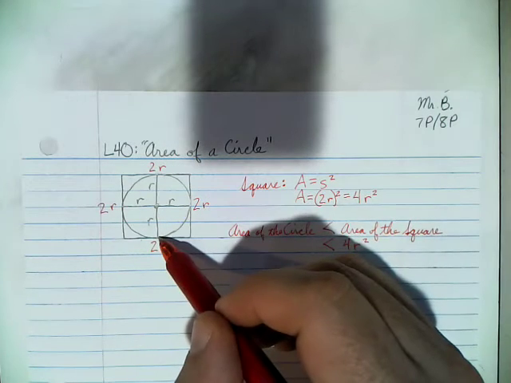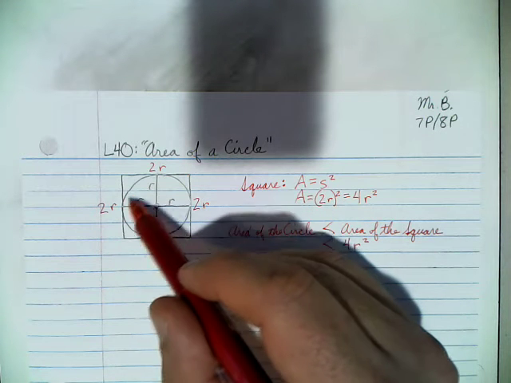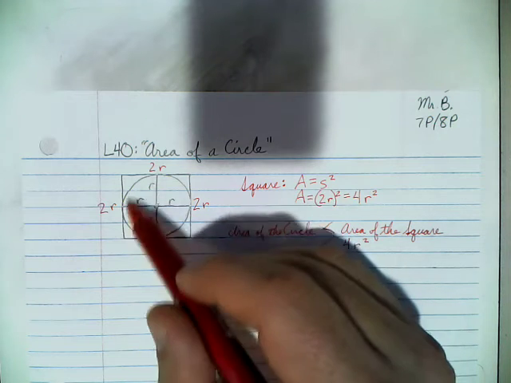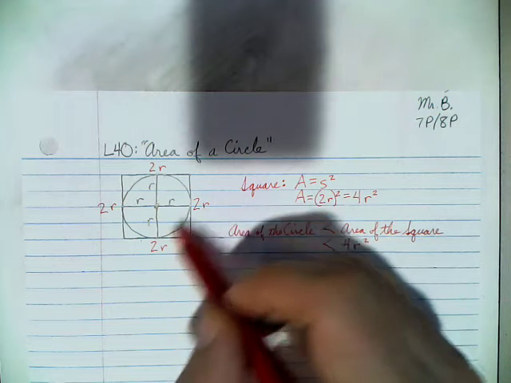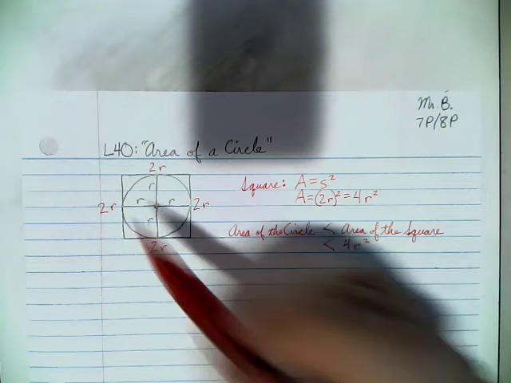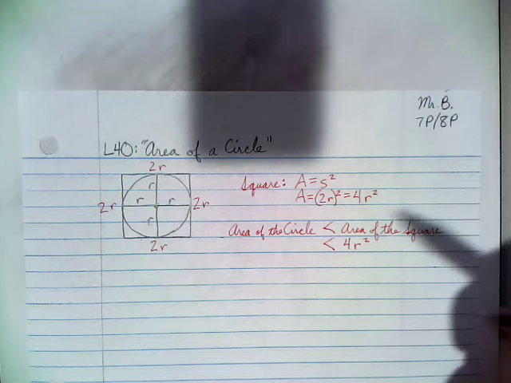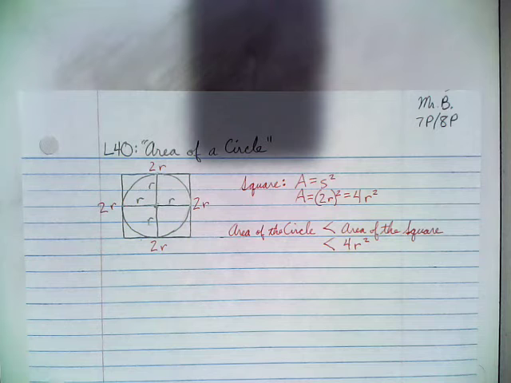If you look at it, if we were to draw diagonals across this, you would see that the circle fills up most of that inside space, but there's a little sliver in each section more. So we know that it's more than half of the square. In fact, it ends up being a little over 3r squared.